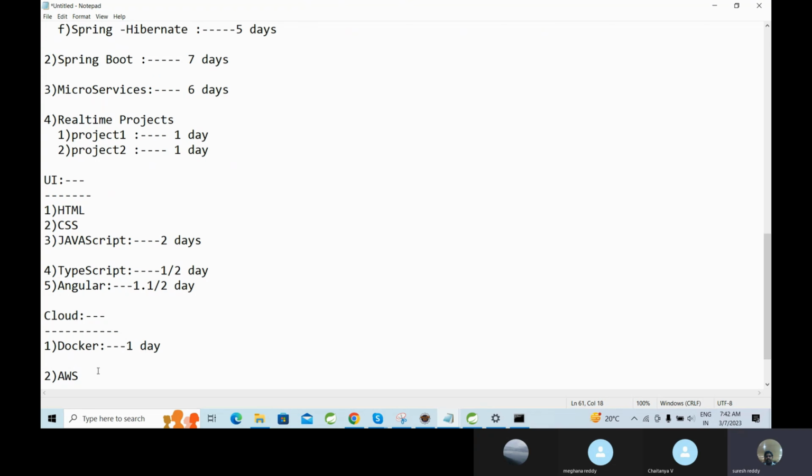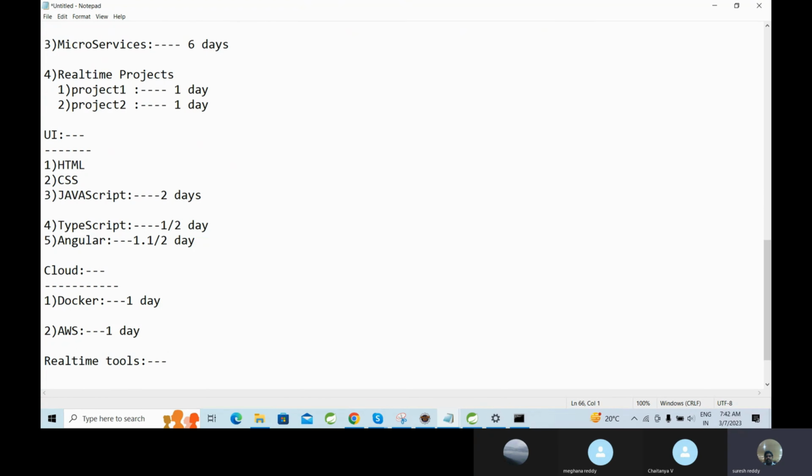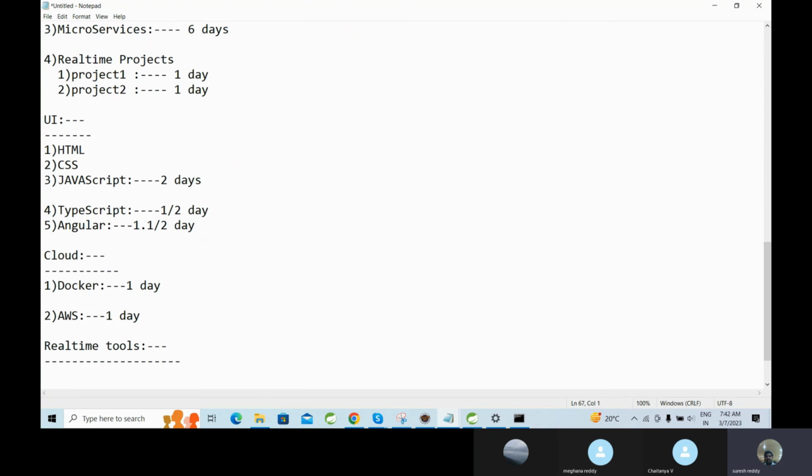AWS 1 day. Now real-time tools. These all are real-time tools, 1 day.